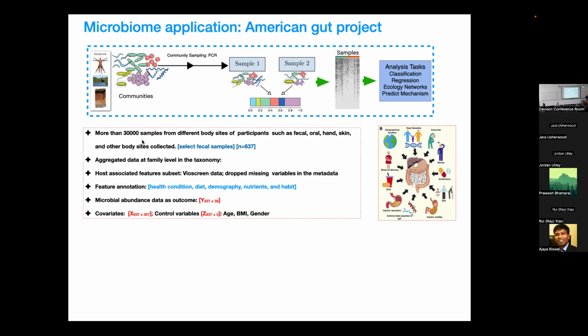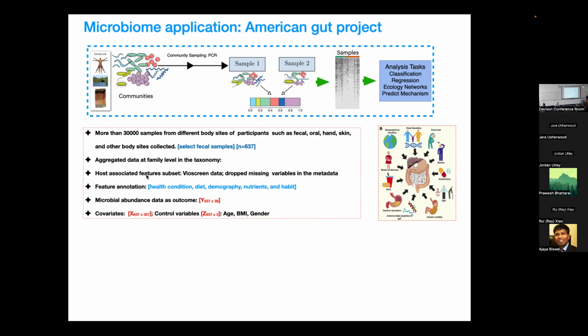So we pre-processed the data. We mainly focused on 637 samples, and we aggregated the data at the family level to see some definite signal in terms of the microbiome.